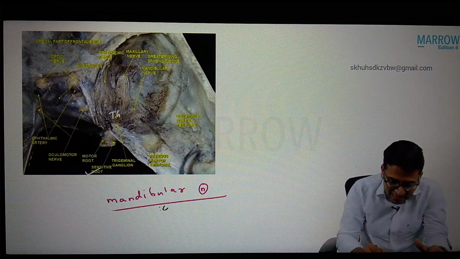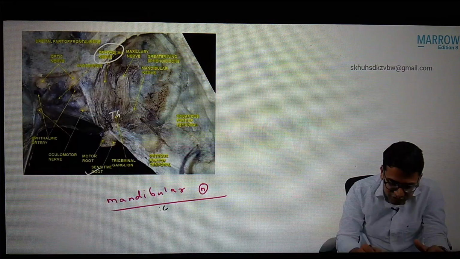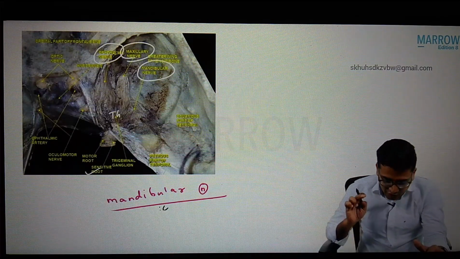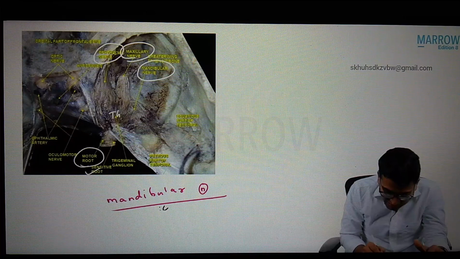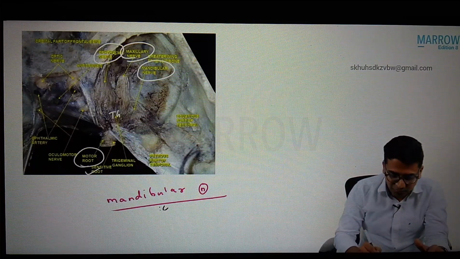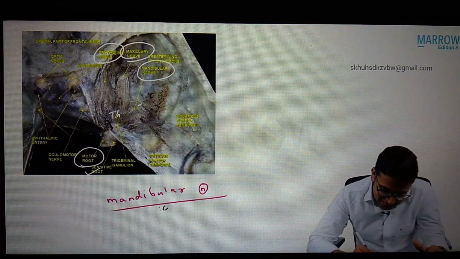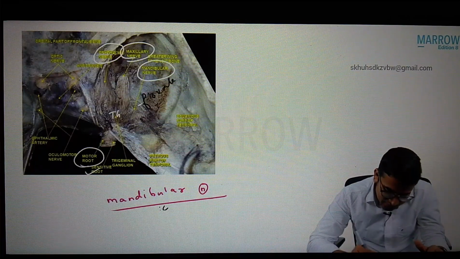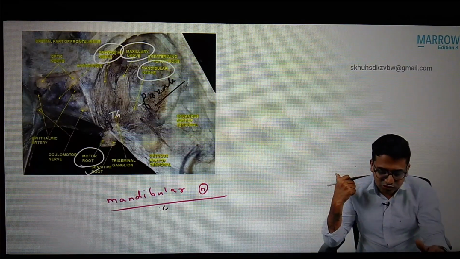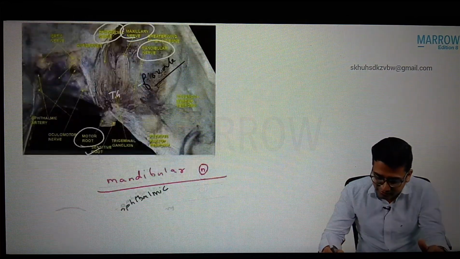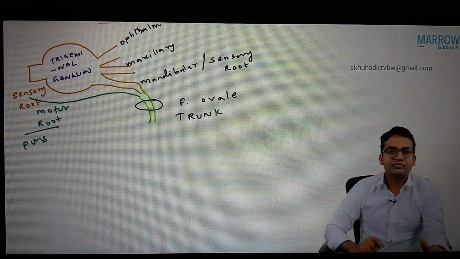The trigeminal ganglion has three subdivisions: ophthalmic, maxillary, and mandibular. And we also have the motor root, which is coming directly from pons, and both the roots pass through this opening, and that is our foramen ovale. Both the roots join together to form the trunk of the mandibular nerve. Yes, that is what we are saying.